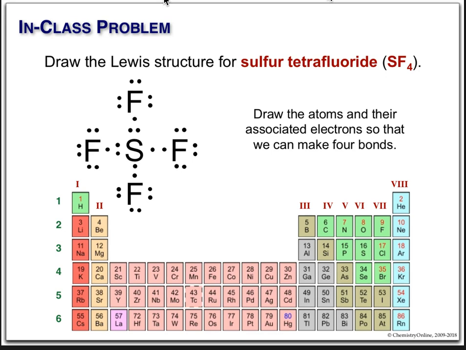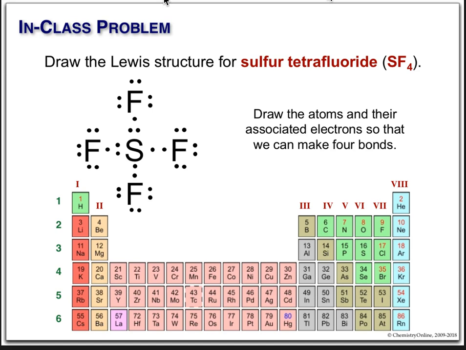Now, right away, we can look and see, yeah, we can make a bond here, that's no problem. 2 electrons lined up nicely, good bond. Same thing here. But in both of these, we have 3 electrons in between our atoms. And that's a little bit of an issue.